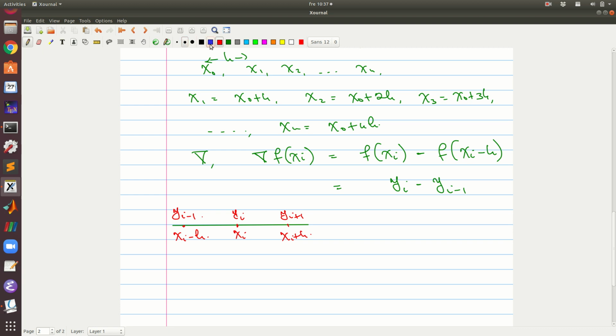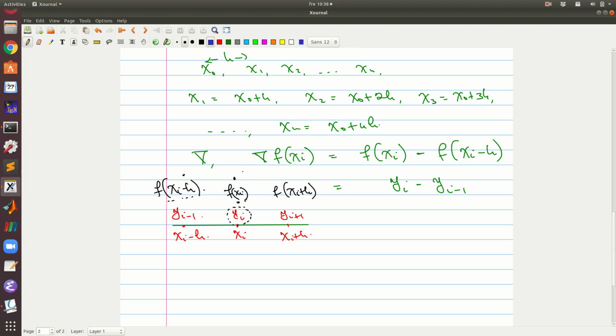So for the backward difference operator defined at f of xi, of course we know that this is f of xi, this is f of xi plus h, and this is f of xi minus h. So the backward difference operator at f of xi is going to be given by f of xi minus f of xi minus h. So we stand here for the backward difference operator and then we subtract the one before.